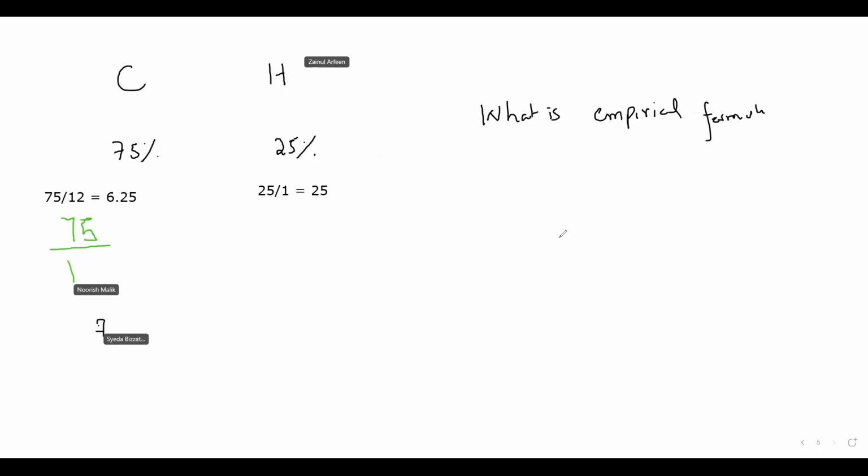Divide by atomic mass. Instead of writing on the screen, use the typed one because it will be easy, or if you want to write, that's also okay. You can use the other part as well. You can use this space. Divide by atomic mass, then divide by the smallest value, and then round off.